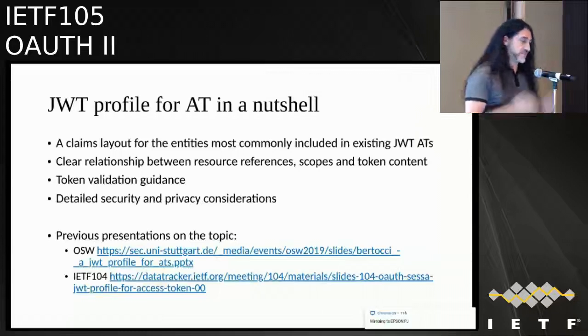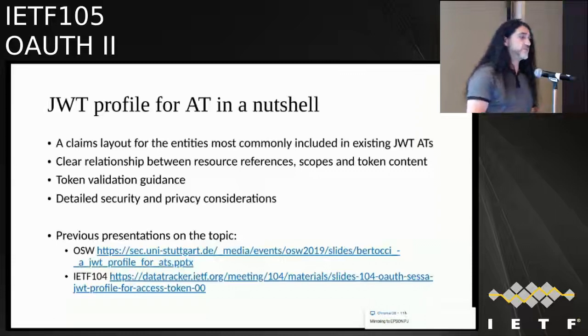Then we went down with details about how you validate this token, like a classic enumeration of rules. And then we took finally this opportunity to advise implementers about pitfalls, privacy issues, security issues that you might encounter when you place that kind of information in the access token.